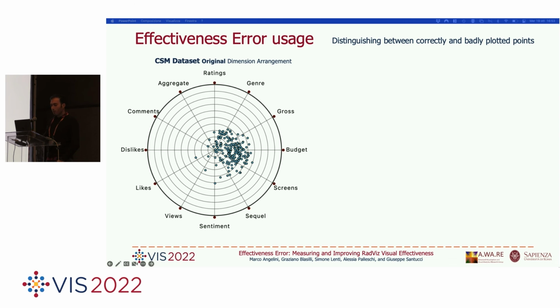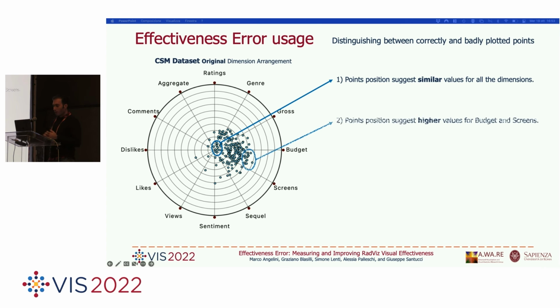So looking at this visualization, I can formulate some assumptions, like this group of points are close to the center, suggesting that each point has similar values among their dimensions. This group of points are close to budget and screen, so we expect that their values on budget and screen are the highest among their dimensions.